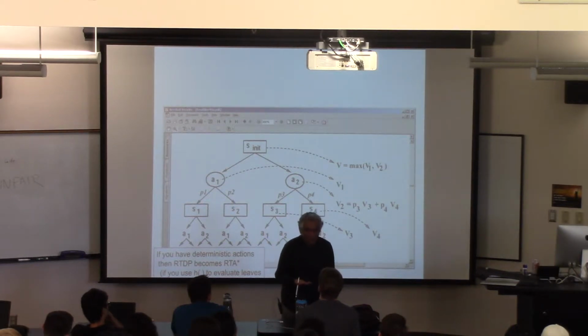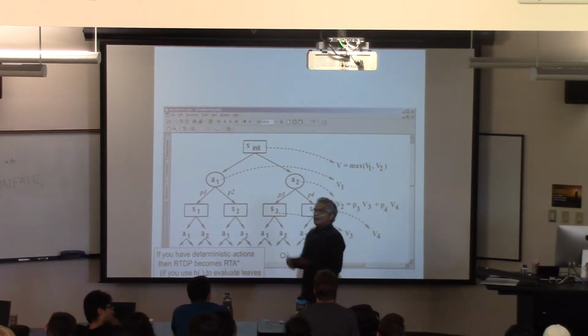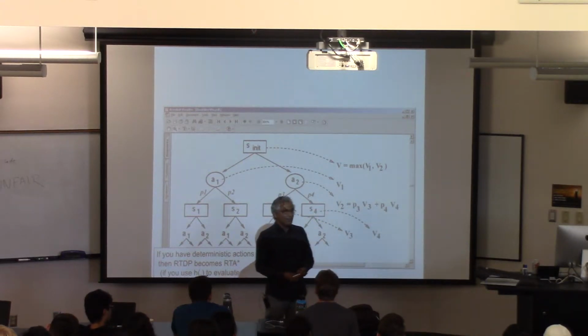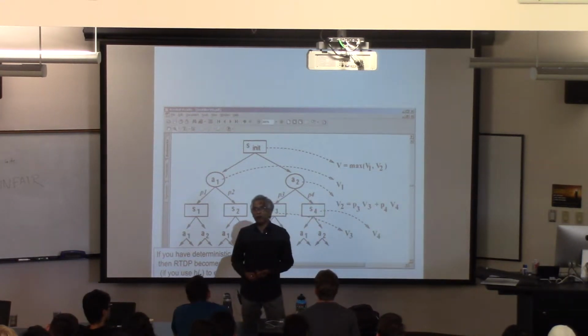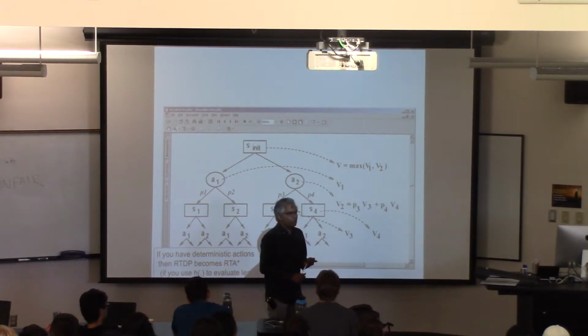What is reinforcement learning? Reinforcement learning is solving Markov decision processes without taking the full model into account. Either because you don't have the model, in which case you have to learn it, or you are too lazy to look at the full model, which is what is happening in this online competition.